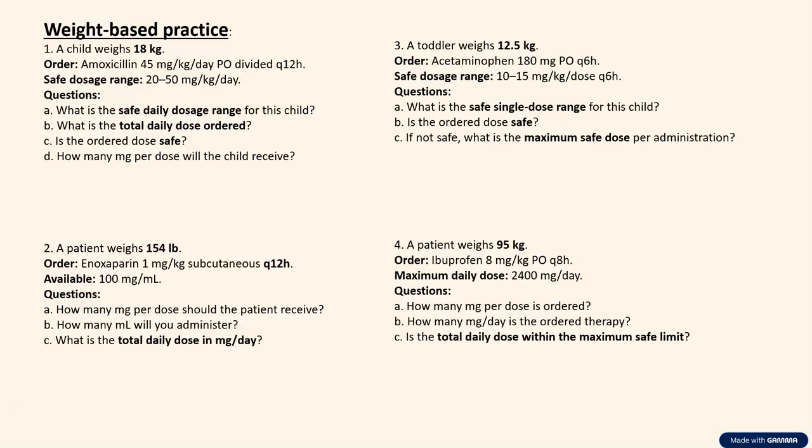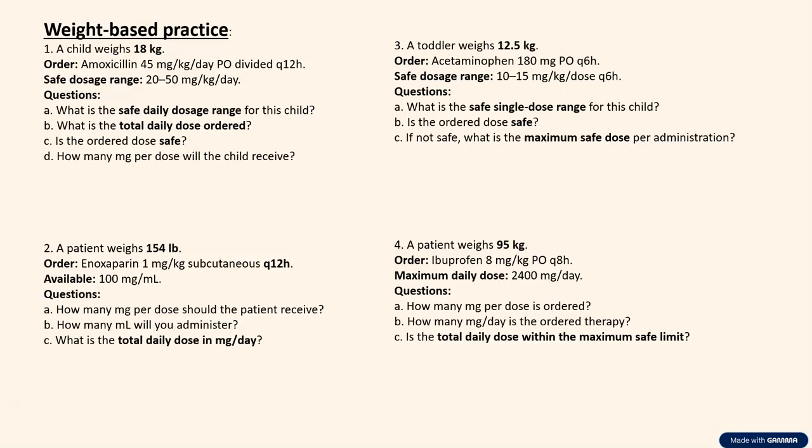Number 1, a child weighs 18 kilograms. The order is amoxicillin 45 milligrams per kilogram per day, divided every 12 hours, with a safe dosage range provided. First step, let's look at the questions that are being asked. It's going to ask for the safe daily dosage range, the total daily dose ordered, whether or not that dosage is safe, and how much the child will receive per dose.